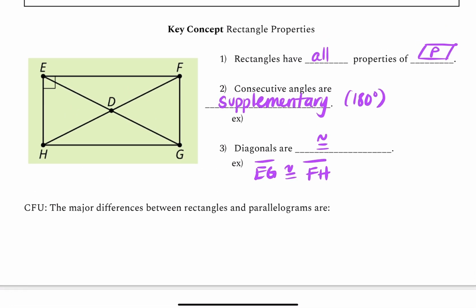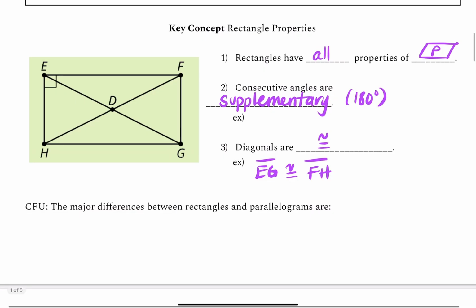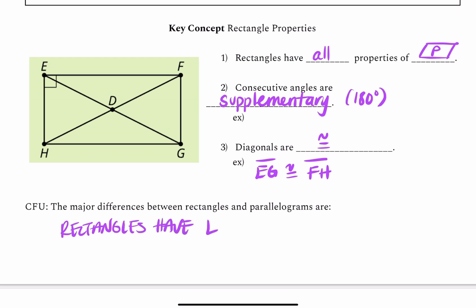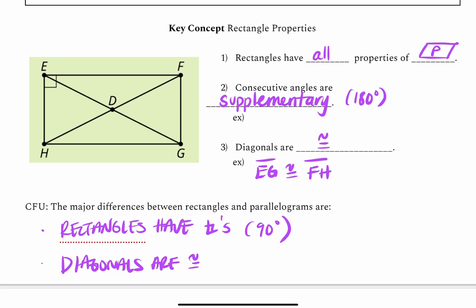The major differences between rectangles and parallelograms are that rectangles have right angles, 90 degrees, and the diagonals are congruent, and they bisect each other.